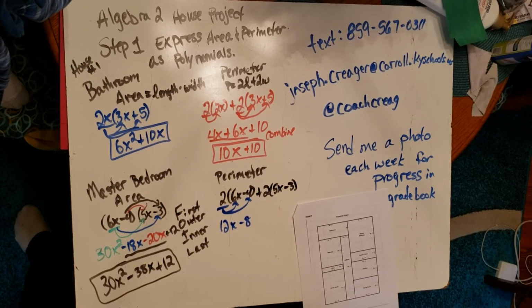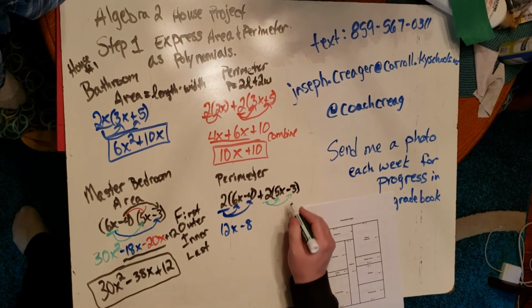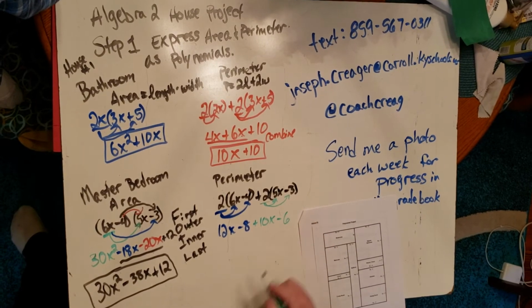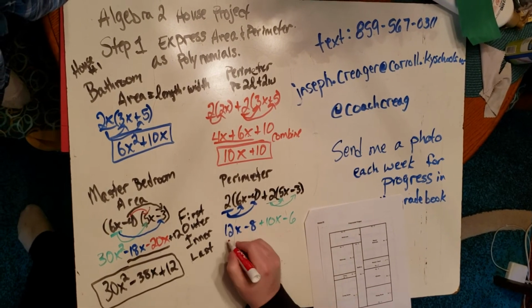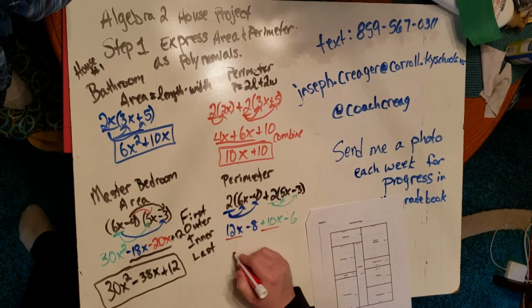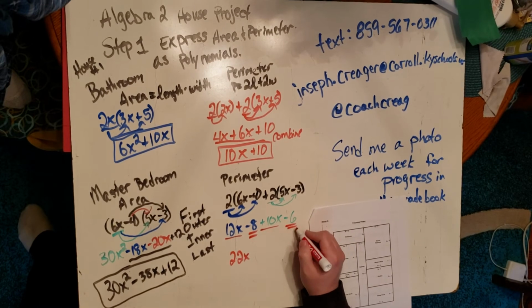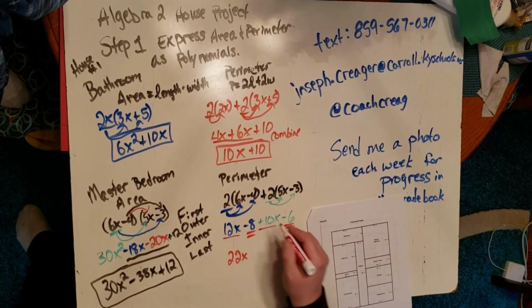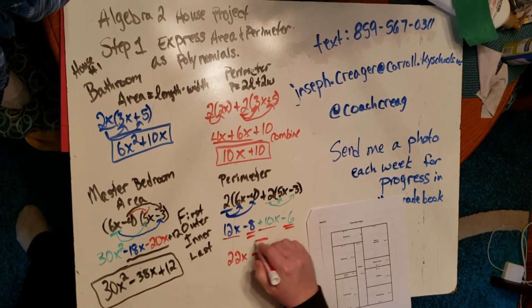I'm going to distribute on my second one. 2 times 5x and 2 times negative 3 gives me 10x minus 6. I'm now going to combine my like terms. My 12x plus my 10x gives me 22x. Negative 8 minus 6, just like over here, two negatives being added together gets more negative. So I would have negative 14.